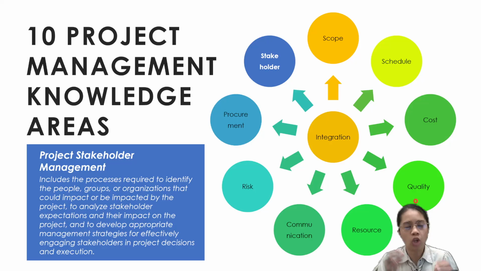Okay? So it's also part of the construction management or project management knowledge areas, because stakeholders are the ones who will benefit from the construction. So therefore, effective communication every time should be done with the stakeholder.